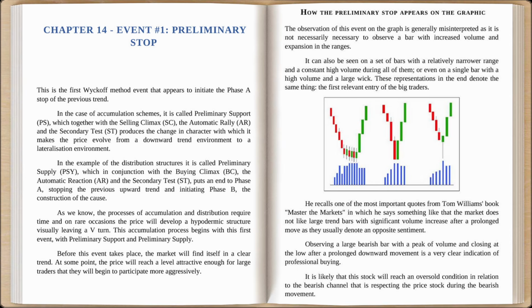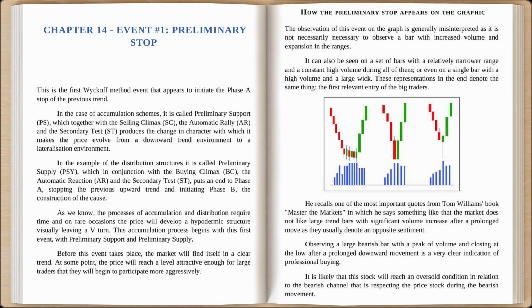In the example of the distribution structures, it is called preliminary supply, PSY, which in conjunction with the buying climax BC, the automatic reaction AR, and the secondary test SD, puts an end to phase A, stopping the previous upward trend and initiating phase B, the construction of the cause.